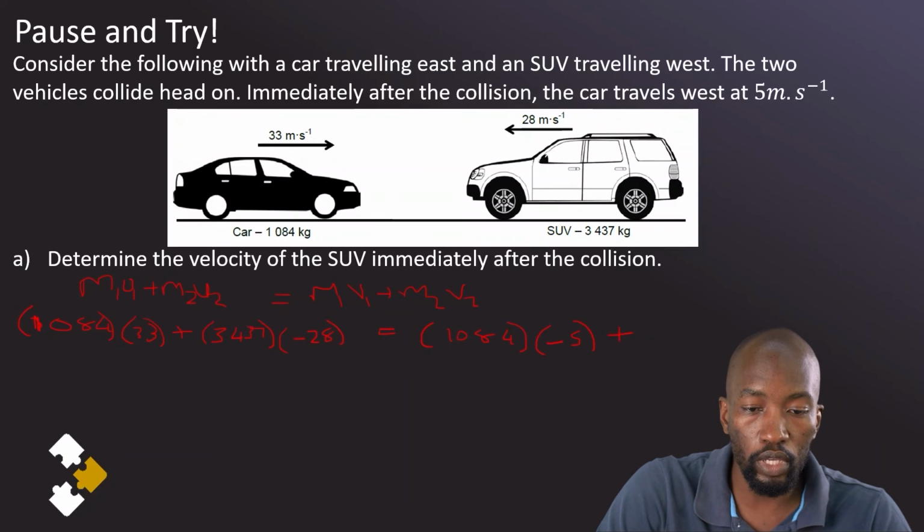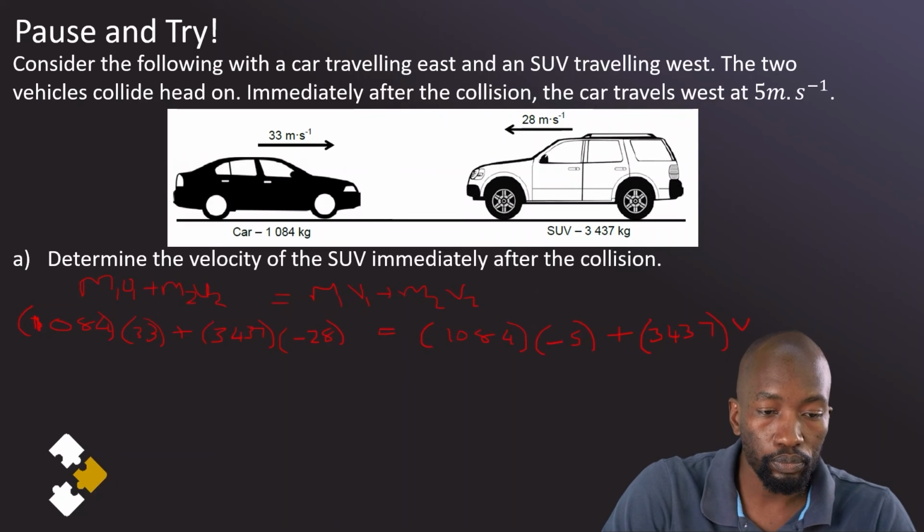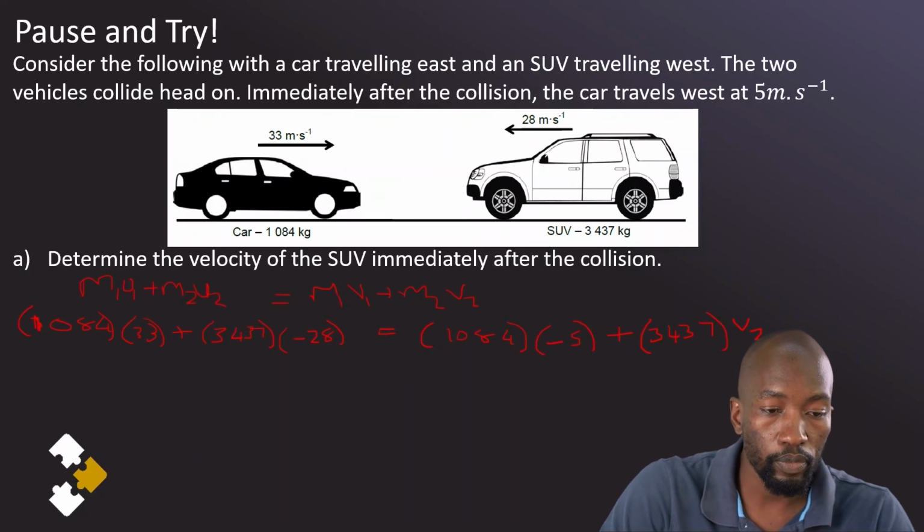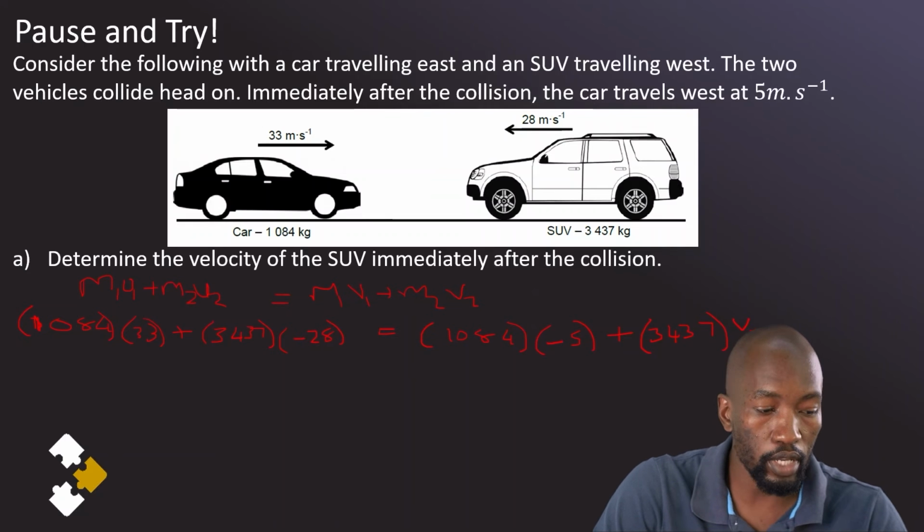Then plus the mass of the SUV, 3437, and we want to find its velocity. So now let's quickly solve for v2. Let me just put that 2 to show that it's the second object.